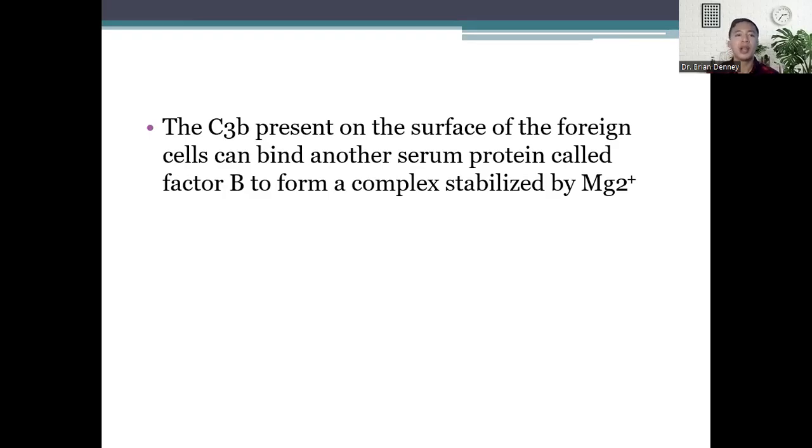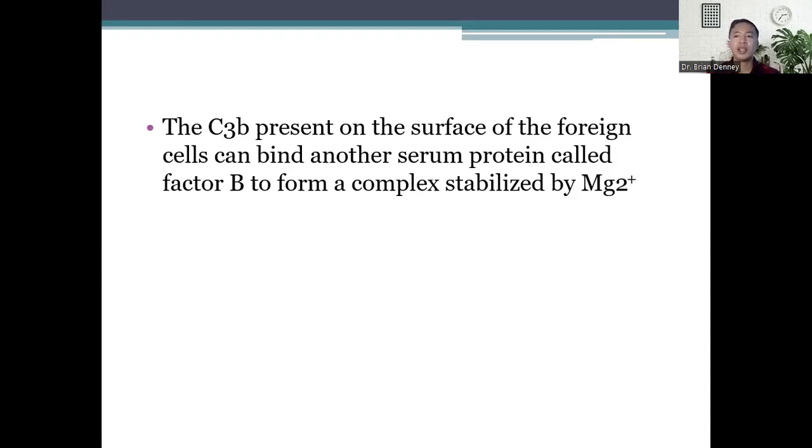That protein is called factor B. Again, in the presence of magnesium ions, C3b binds to factor B. Once your C3b binds to factor B, it actually produces another enzymatic complex, another complex with an enzymatic activity.